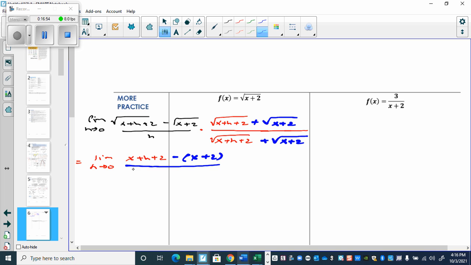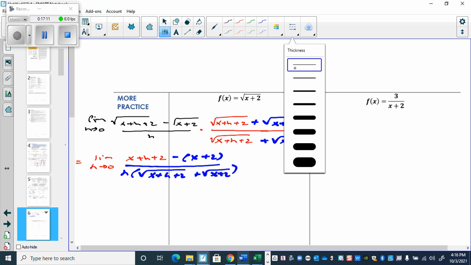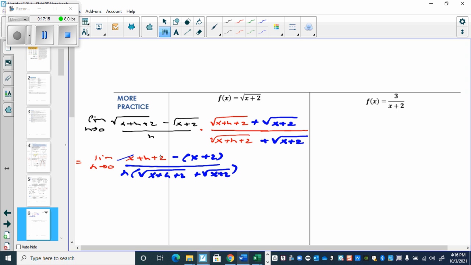And on the bottom, I have h, and I have all the parts of this conjugate. I'm not going to quite plug numbers in yet. You don't want to do that. If I look through here, I'm going to have an x and a negative x. I'm going to have a 2 and a negative 2 when that simplifies.